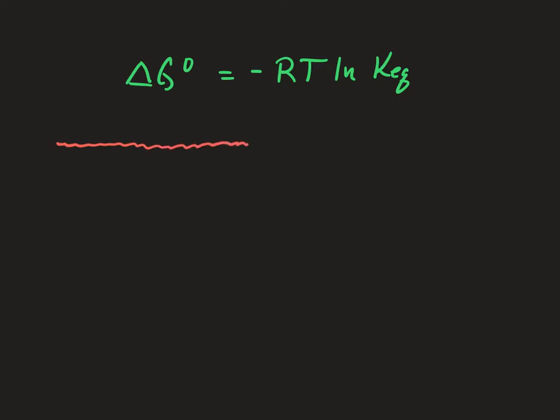Right, so here's the equation that expresses that relationship, right? Delta G0 is equal to negative RT times the natural log of the equilibrium constant for the reaction that we're dealing with, right? And so if we look at a diagram like this, we've got a period over here where delta G0 is negative, right?